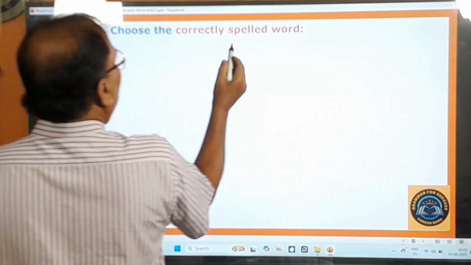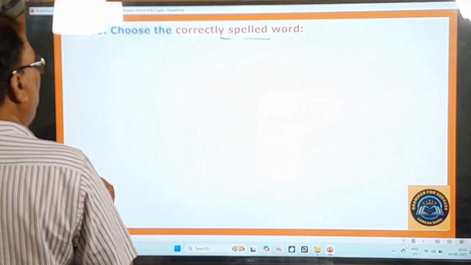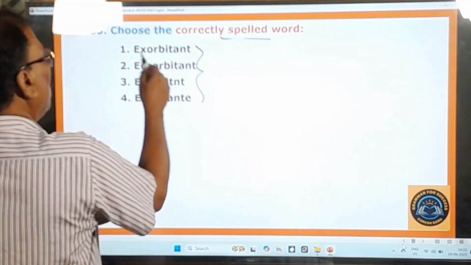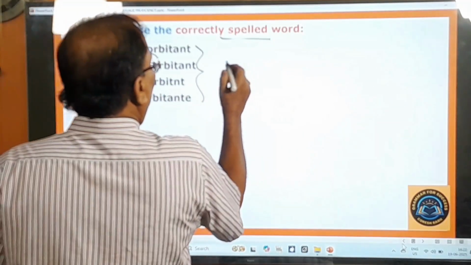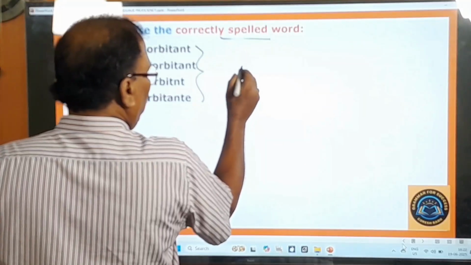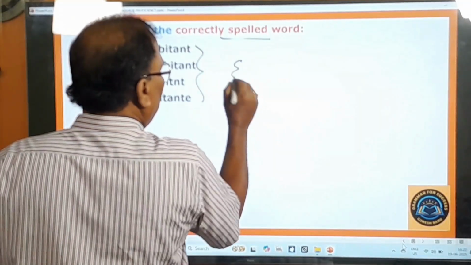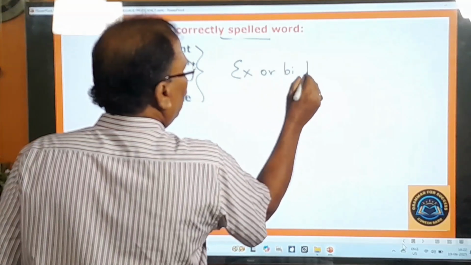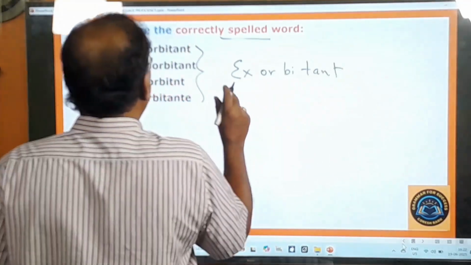65th question. Choose the correctly spelled word. Oh, exorbitant. So all these words are only about the word exorbitant. Exorbitant, first you don't look at that X. Here you pay attention.